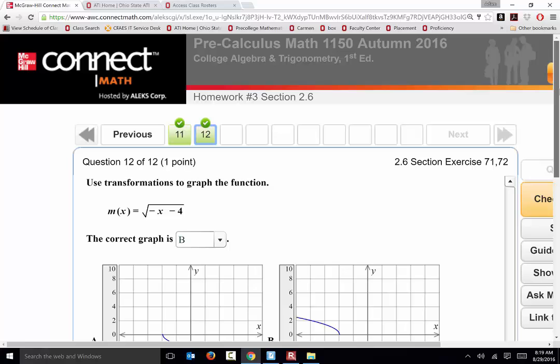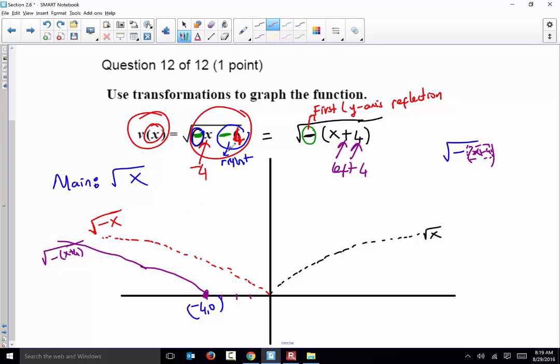Any questions about transformations? Right, left, down, up, stretch, shrink, reflections. That's it. But when they combine, it can be confusing. Yes? For the other equations, do you still factor out the negative if there would be parentheses, an absolute value? If it's an absolute value or something, yes, you need to.